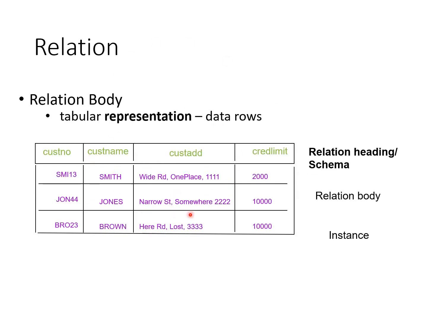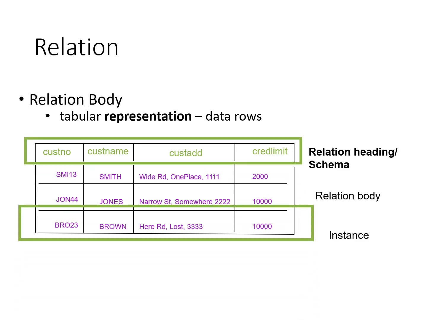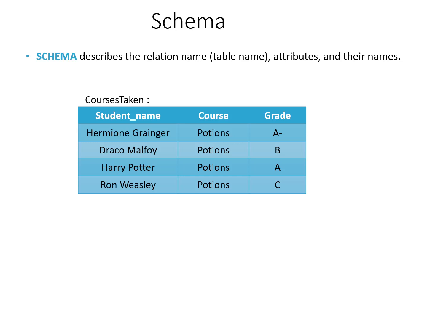The body will have the various instances in it. This is the relational body, and they are nothing but the instances. And as you already know, this is your schema for this particular table. Student courses taken is the table name, and student name, course, grade, these attributes represent the schema.